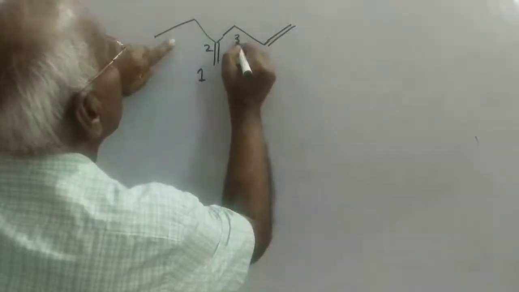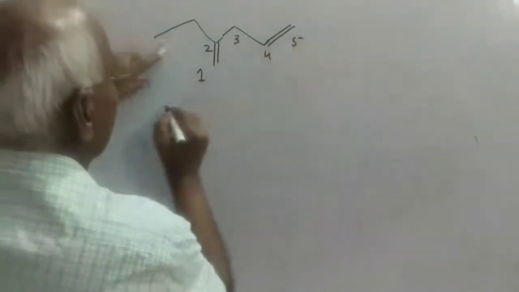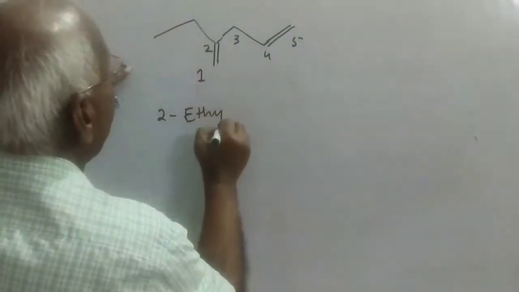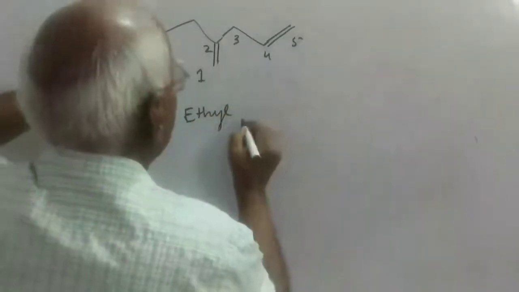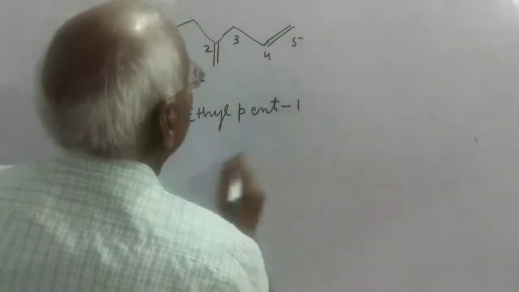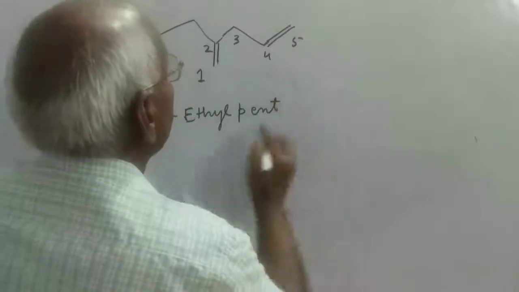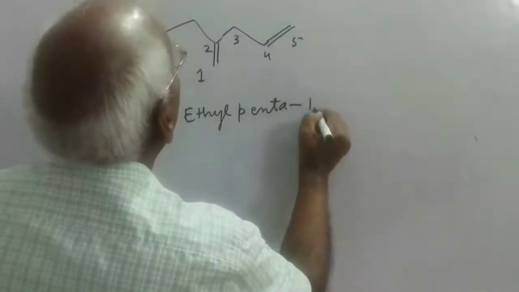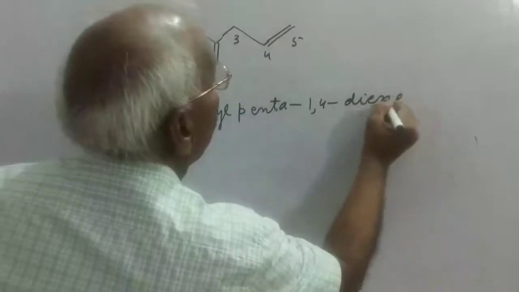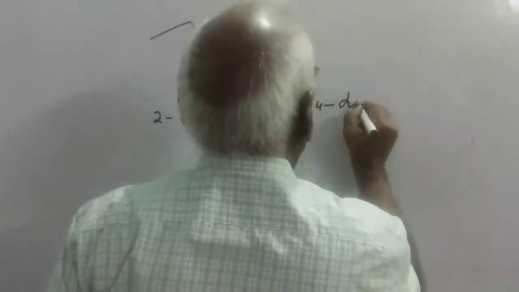So it is 1, 2, 3, 4, 5. So it is 2-ethyl. Root word is pent. So it is penta-1,4-diene.